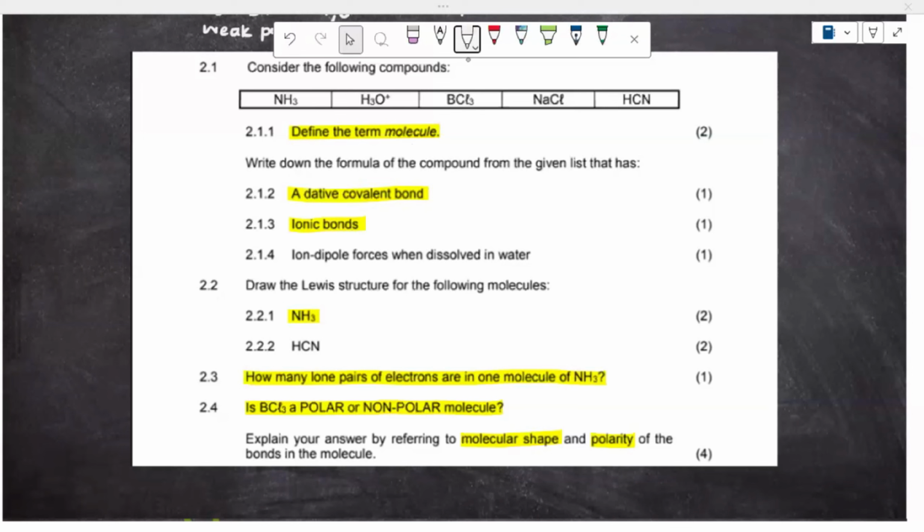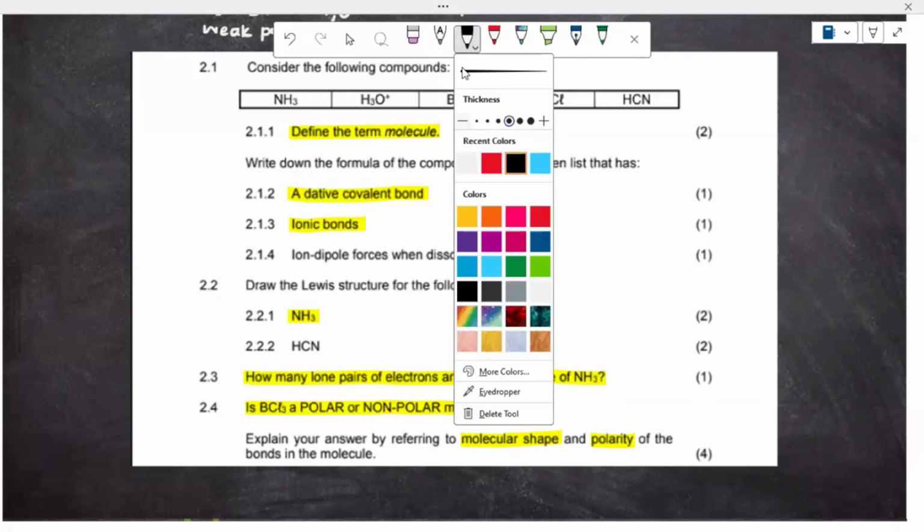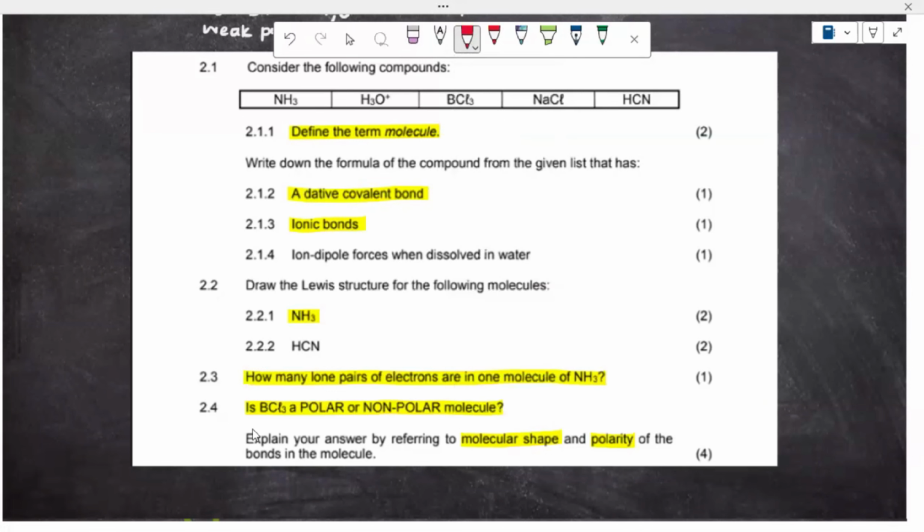The definition of a compound is essentially two different elements that are chemically bound together. So what I want to know now is, what is the difference between a compound and a molecule? Because in my head, they're relatively the same thing. What's different about a molecule?